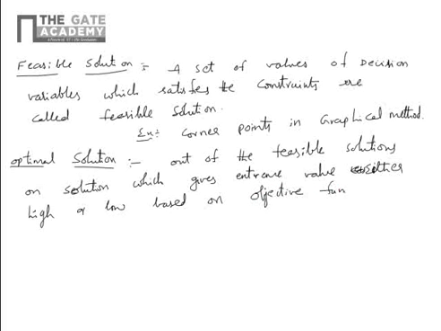So if our objective function is maximization, then the optimal solution is the maximum value. If the objective function is minimization, the optimal solution is the minimum value. Example, maximum value for a maximization problem.